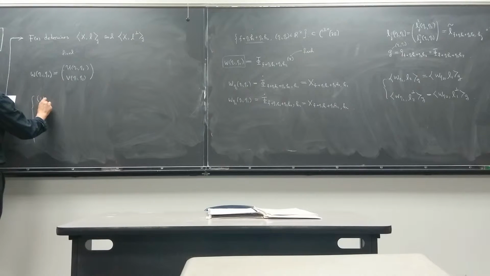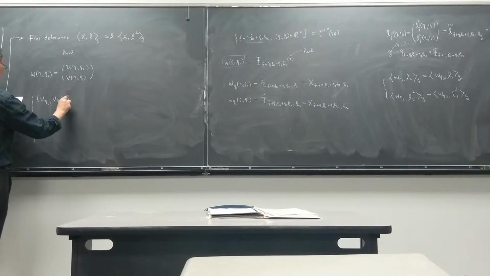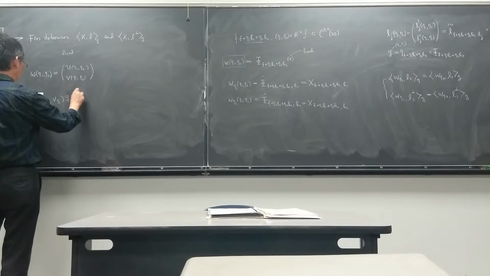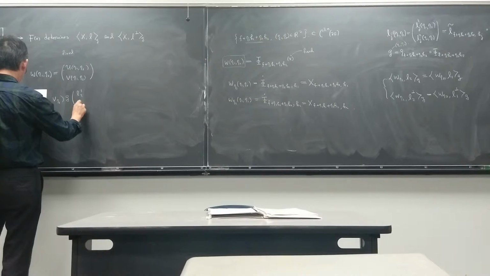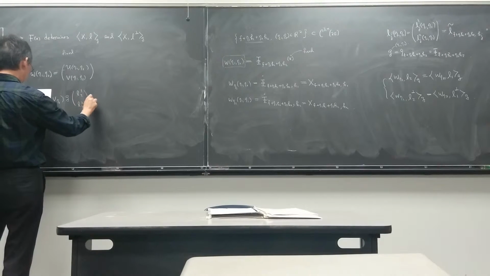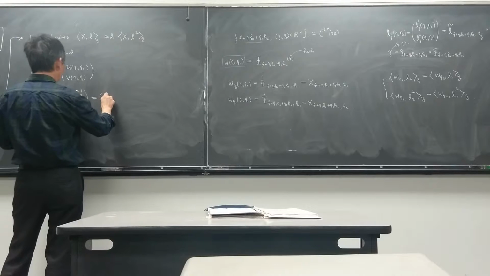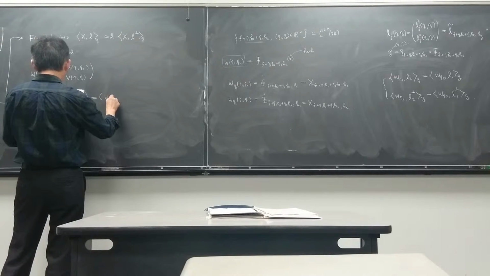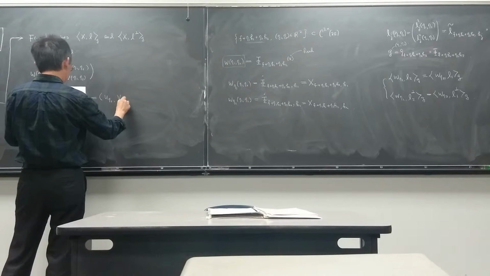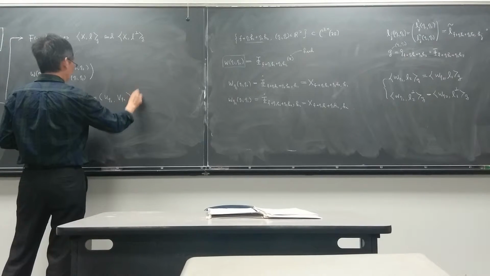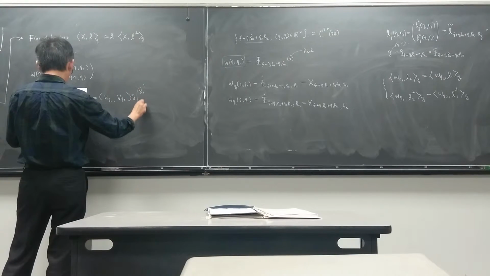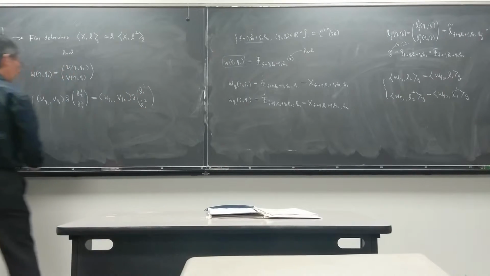It's U eta 1, V eta 1 times the matrix G times L21, L22 equals U eta 2, V eta 2, G, L11, L12. So that's the first system.